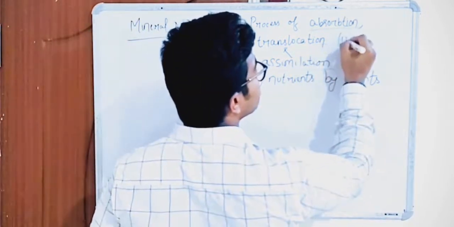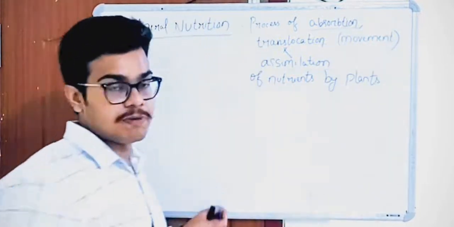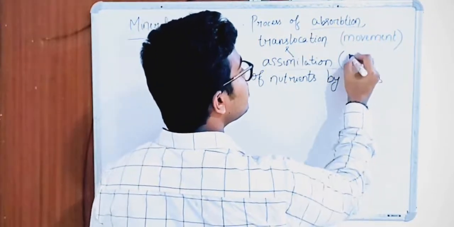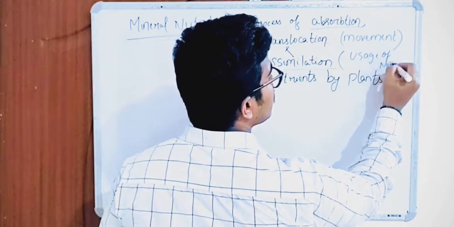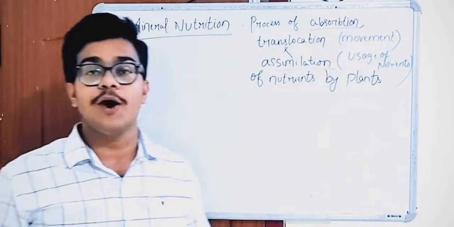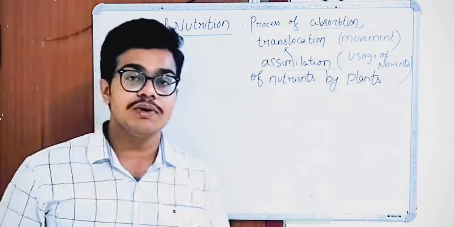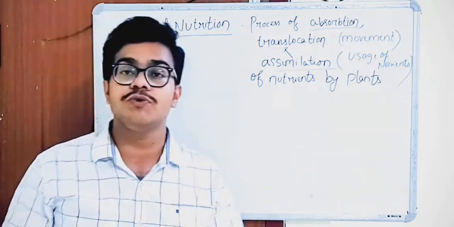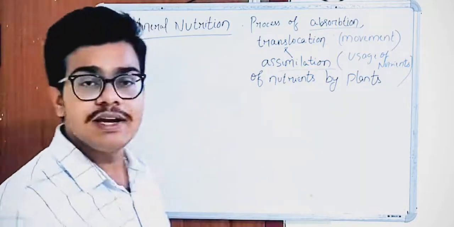Translocation is the movement of nutrients from one part of the plant to another. Assimilation is the use of nutrients, how they are assimilated in which form and how they are used. So altogether, mineral nutrition is a process of absorption, translocation, and assimilation of nutrients by plants. This is all about mineral nutrition.